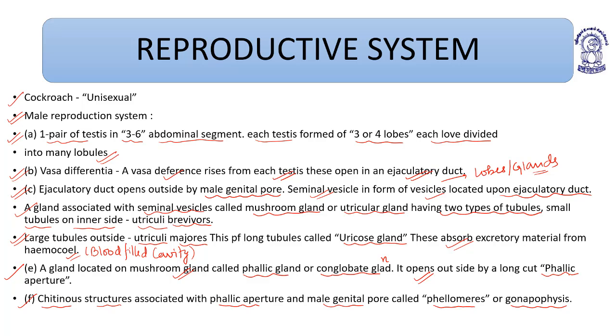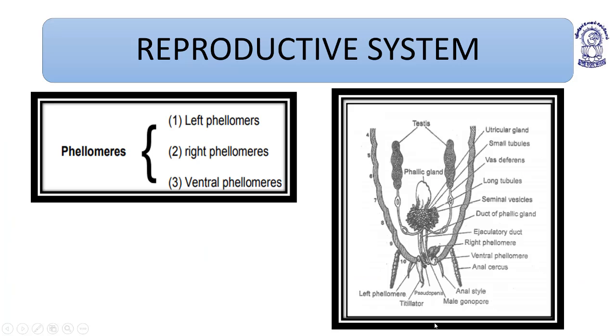So chitinous structures associated with the male genital pore are called phallomeres or gonapophyses. Right? So move to the next slide.